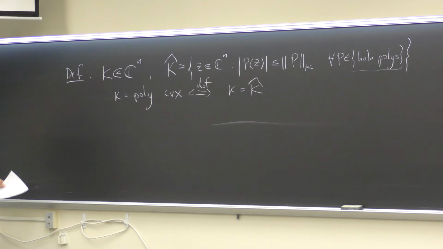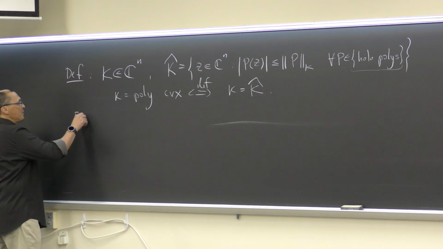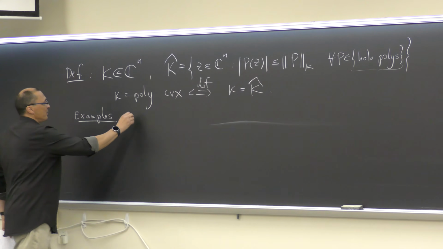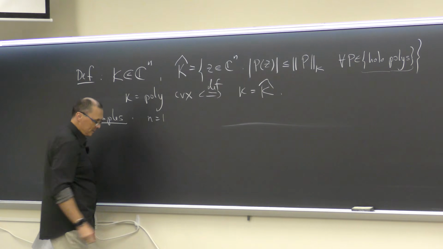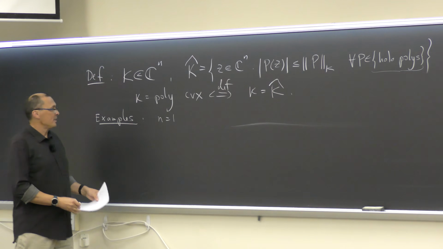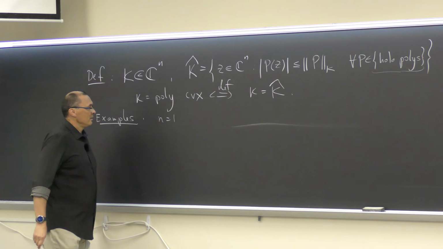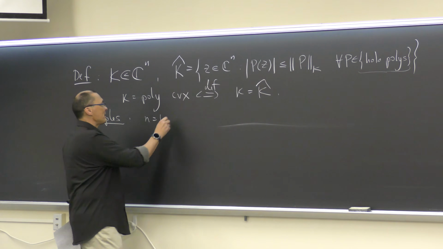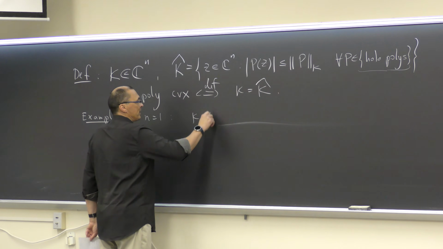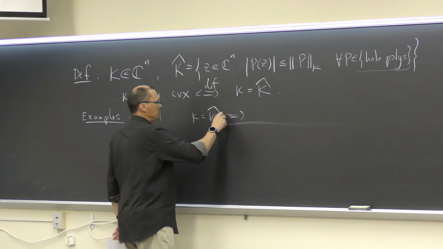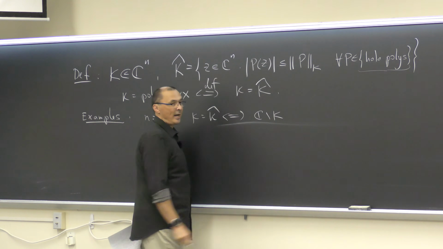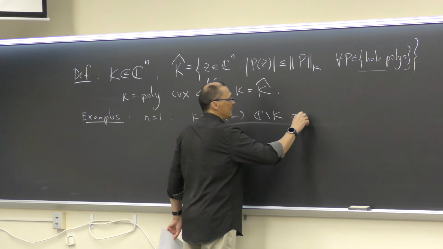So let's look at some examples and properties of polynomial convexity. Let's start with dimension 1. In this case, there is a very simple description of polynomially convex compacts. K is polynomially convex if and only if the complement of K in C is connected.